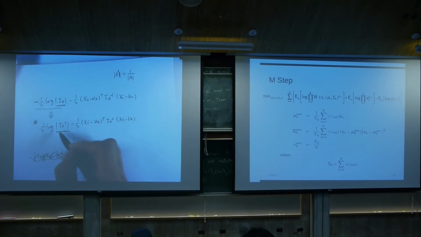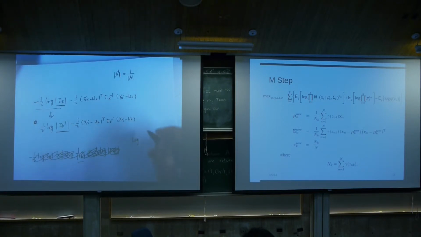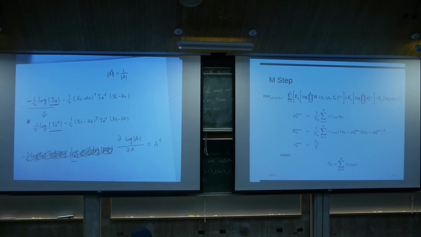And here is another property: log determinant A. If you take the derivative of it with respect to A, it will give you A inverse. So we can use this property for this term.